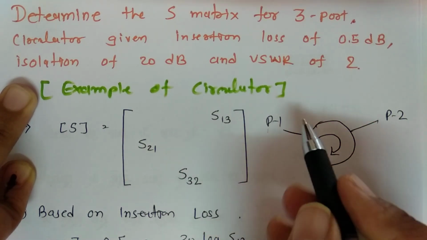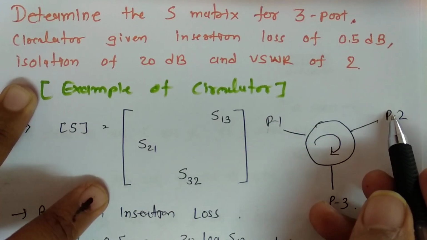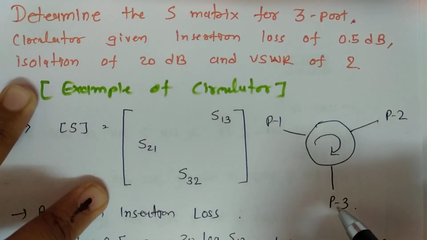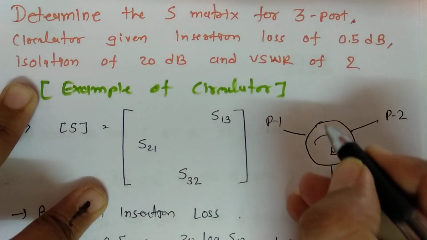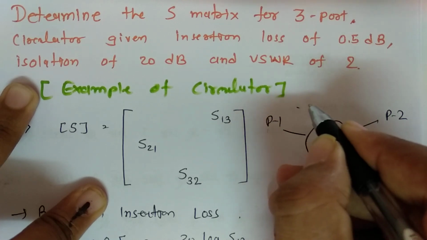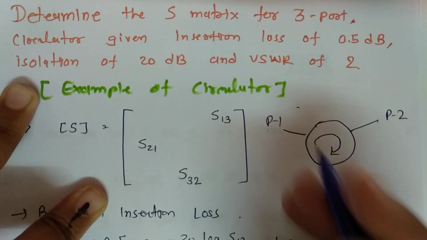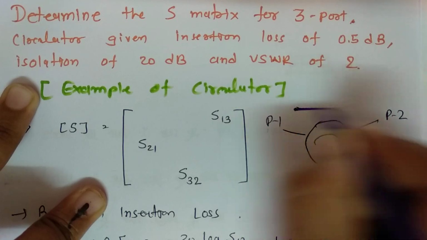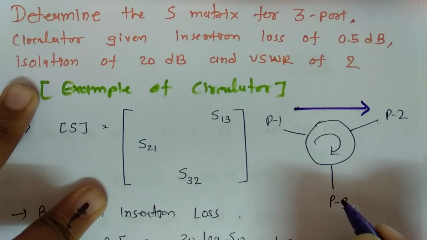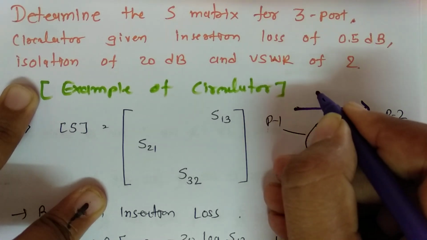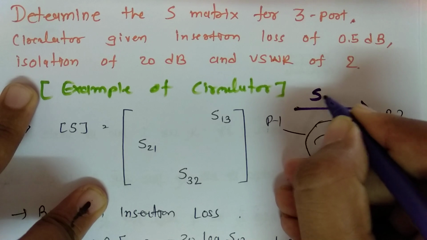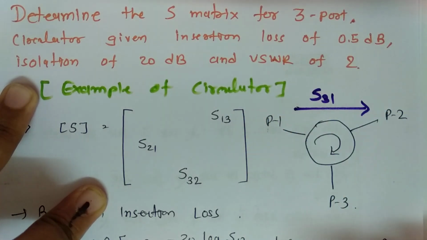So if I say input at port 1, output at port 2 should be there, the isolated port should be port 3, means S31 should be isolated.